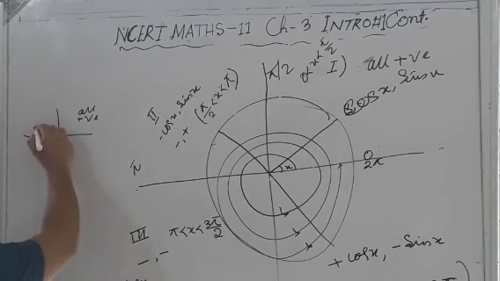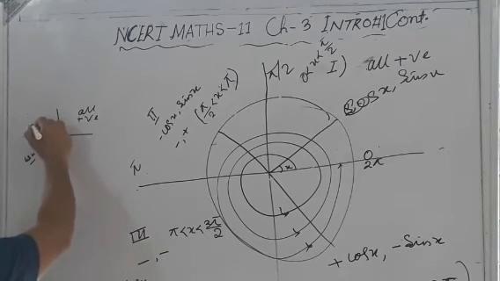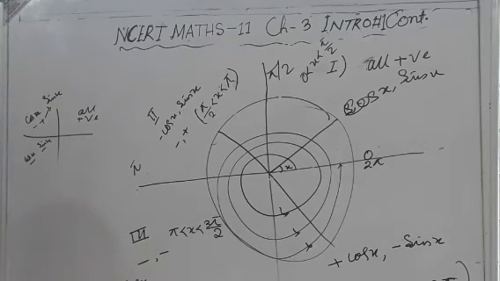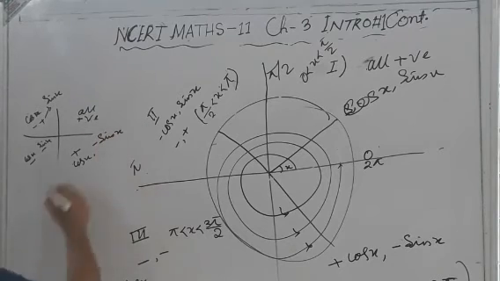Here minus and plus. So here minus minus is cos x, this is sin x, and this is cos x, and then this is sin x. And here plus, cos x is plus, and minus sin x. Okay, fine.